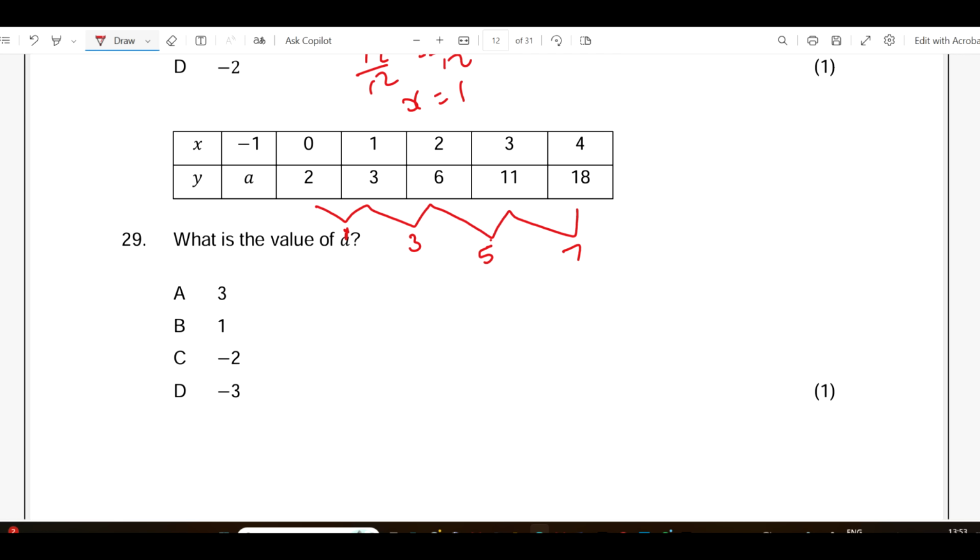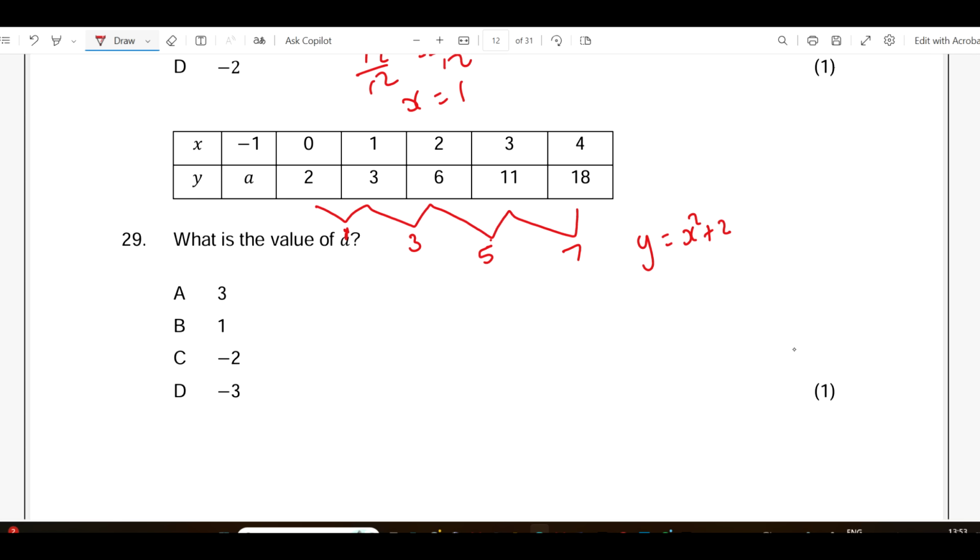Guys, if I can say that my y is x squared plus 2, let me check if this formula will correspond.